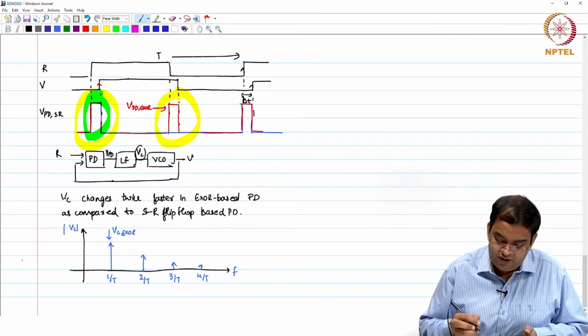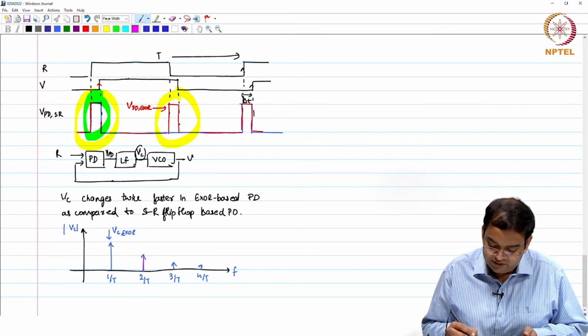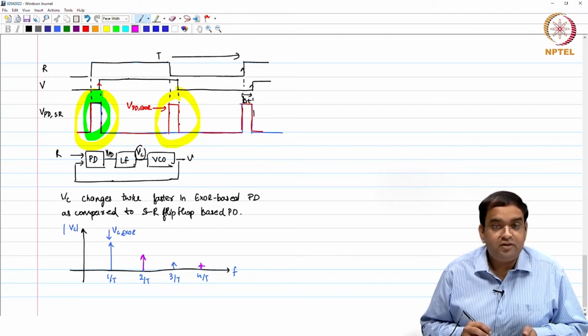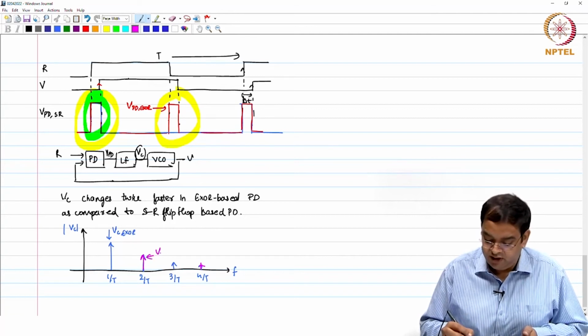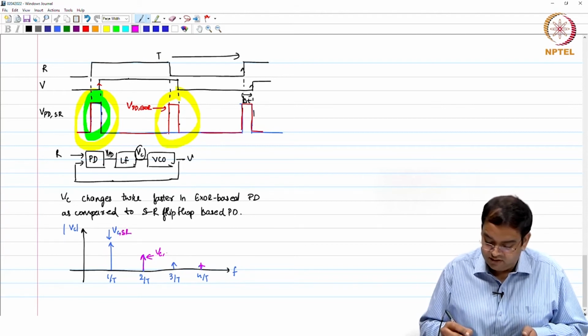In case of VPD XOR, the first frequency comes here. Right now, we are not talking about the magnitude, just the frequency. So, first frequency comes here, then you will repeat by 4T and so on. Sorry, this was not XOR, this was SR, this is XOR.